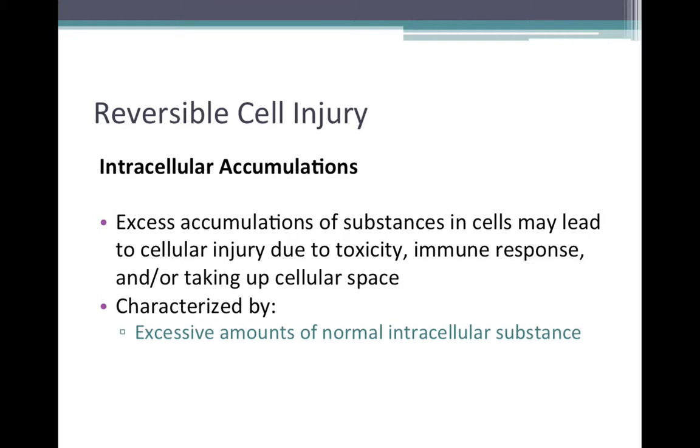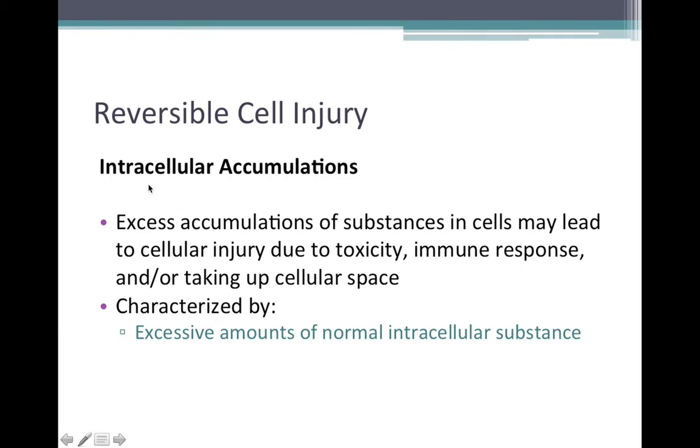Now, another sign of cell injury is the accumulation of intracellular debris. So a lot of times when cells are stressed, they can start to accumulate substances within the cells, and that can occur during injury from toxicity, immune response, or just debris that might be taking up some cellular space.